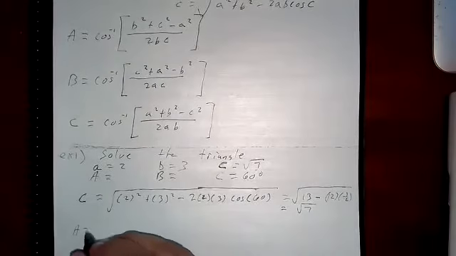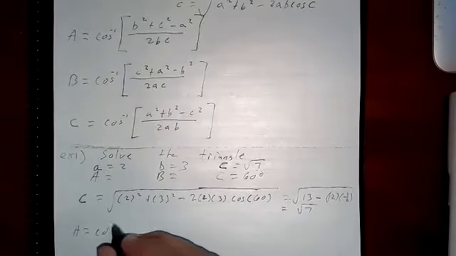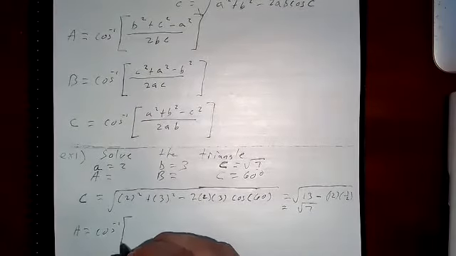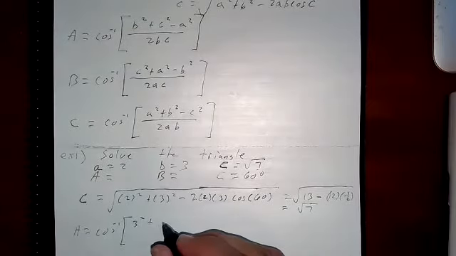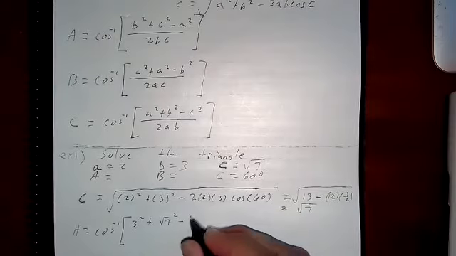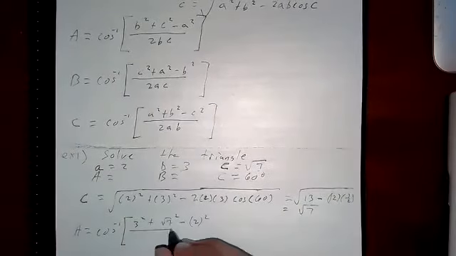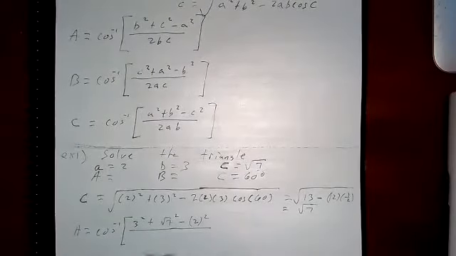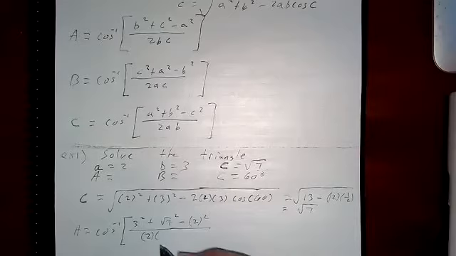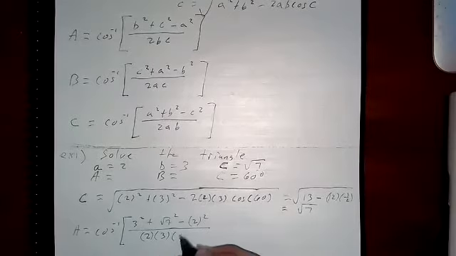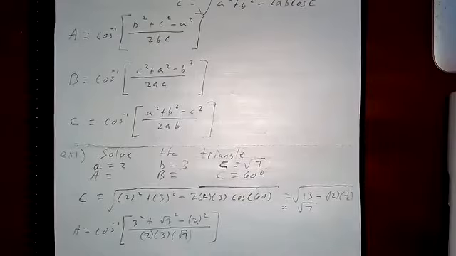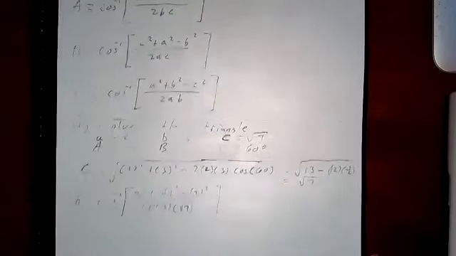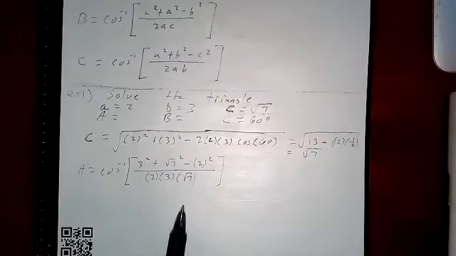So A will be cosine inverse of B squared plus C squared minus A squared over 2 times B times C. Make sure I wrote that right.